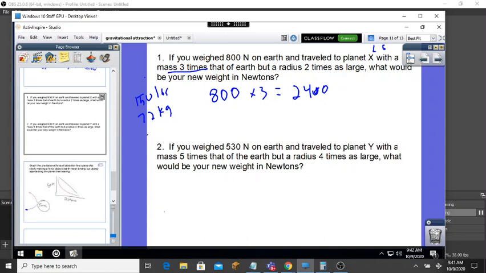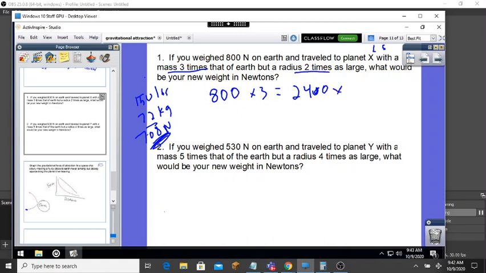We can convert that to newtons by multiplying it times 9.8. Let me just do that really quick. 72 times 9.8, because of the gravity here, that's about 708 newtons. So this is just a different form of weight, okay?